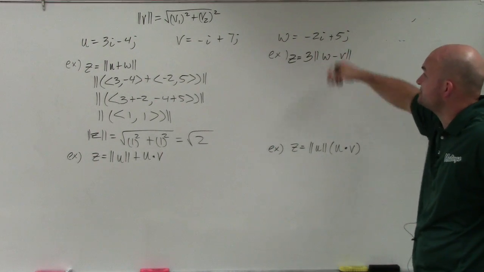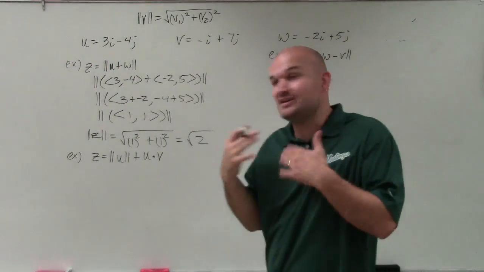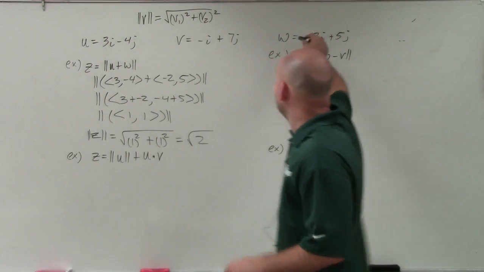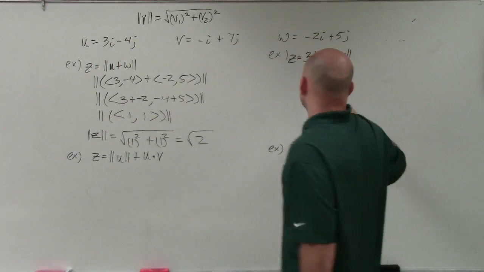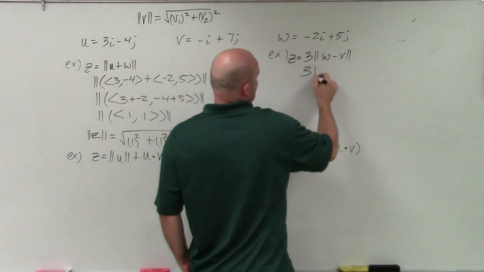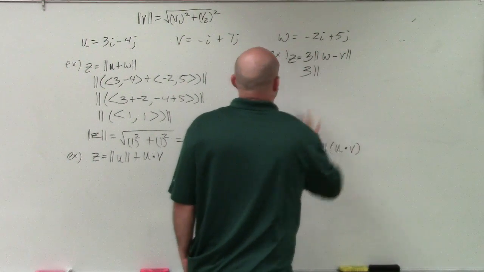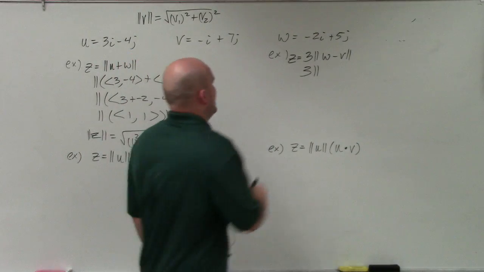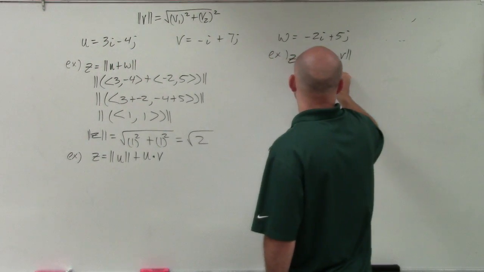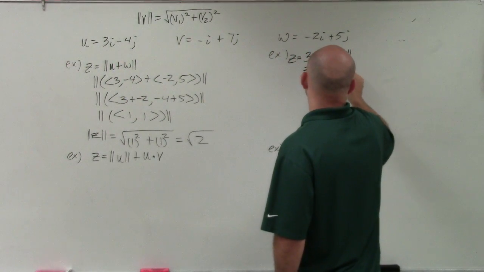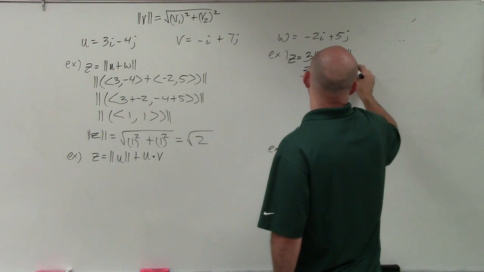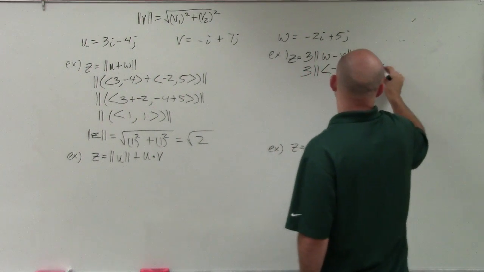Now in this example, it's basically the exact same thing, except I am finding the difference instead of the sum of the two vectors. And then at the end, once I've found the magnitude, I need to multiply it by the scalar 3. I'm going to do my work a little bit quicker. I'm not going to use my parentheses, but I am going to write out my vectors first, because I think that's one of the more common mistakes students make.